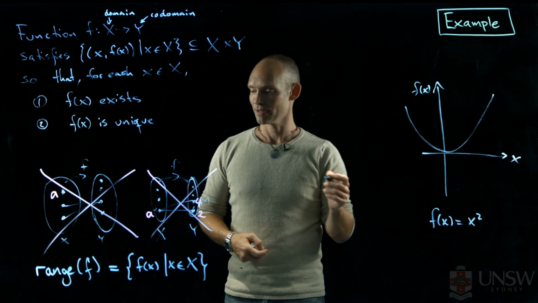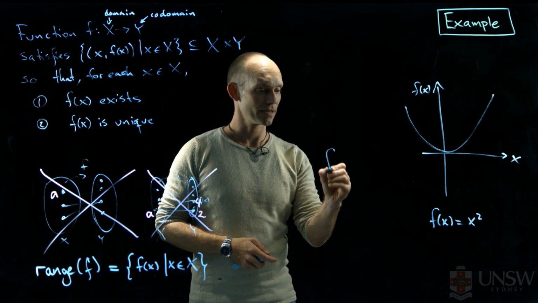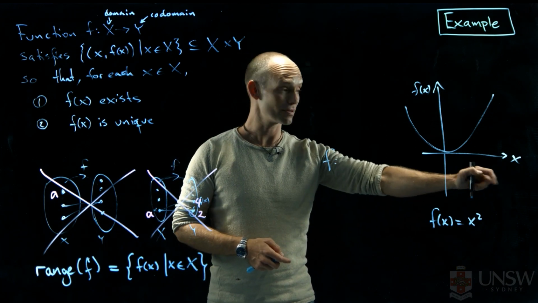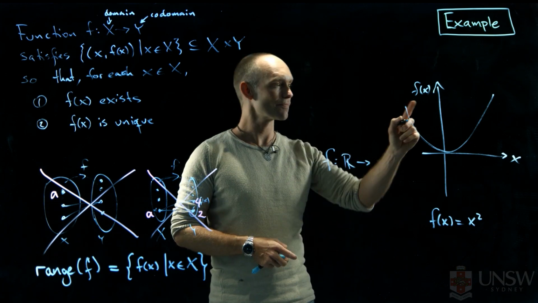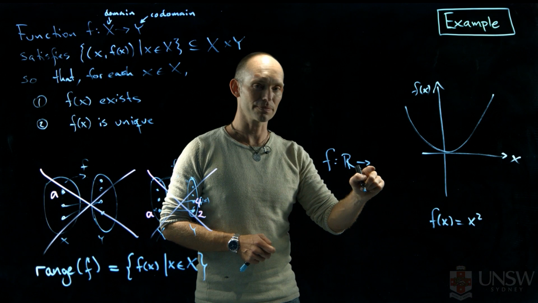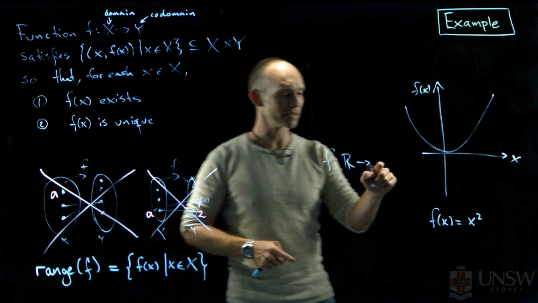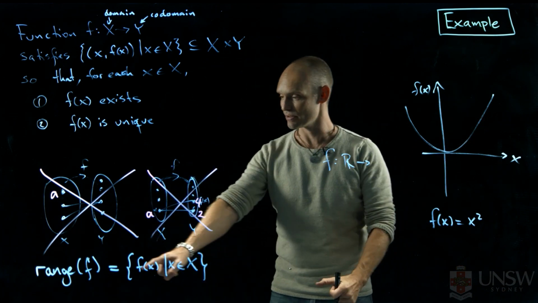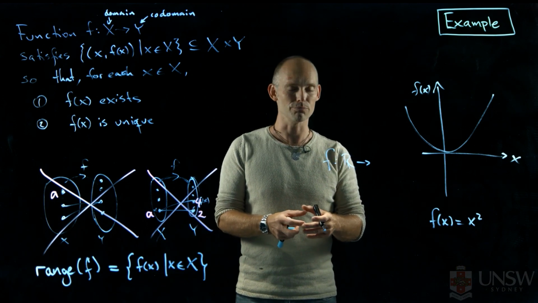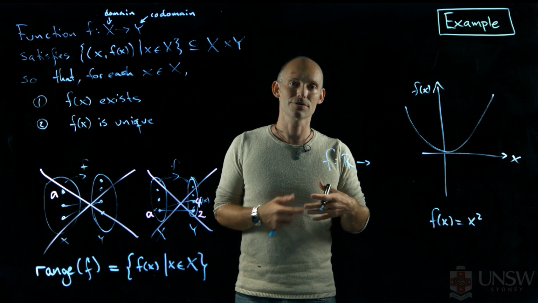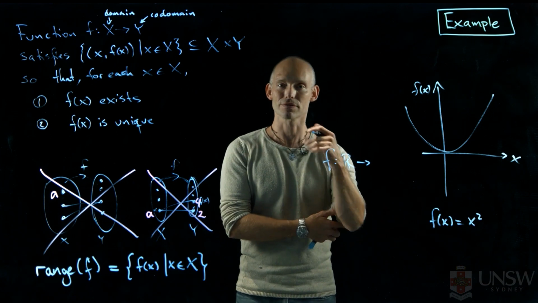Well, we could say f goes from the real numbers here on the real axis, and it gets sent to, and then we have to choose our codomain. Now we want our codomain to include the range, so the range was all the function values, but we can make the codomain bigger than the range if we want. It's really up to us and what we need to use it for.